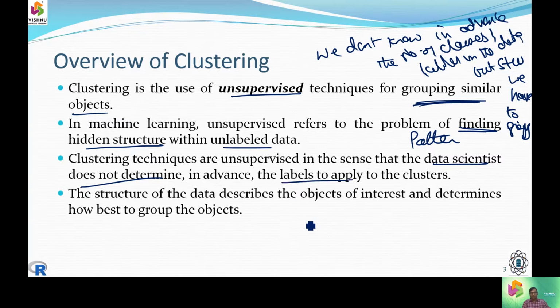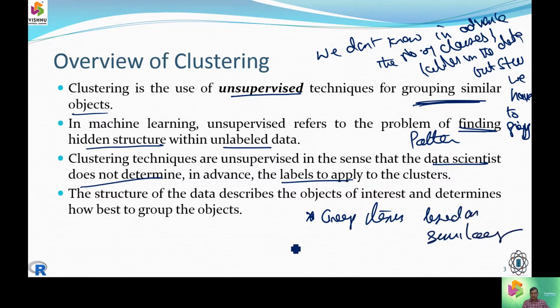So the main intention when we talk about clustering is that we group items based on similarity, and while determining this similarity we will use a distance metric, probably the Euclidean distance.